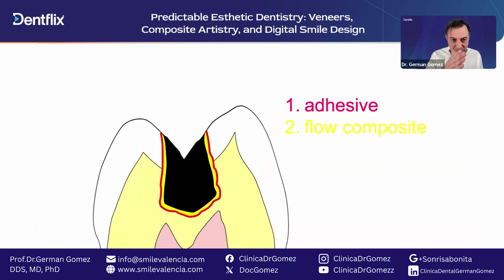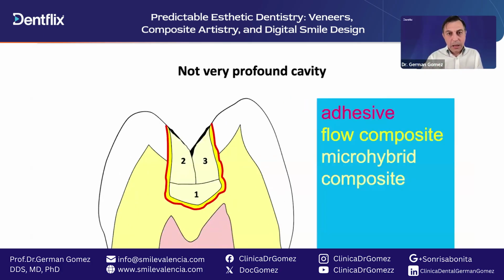We make a very, very, very fine layer of flow, not only in the lower part, but everywhere on the walls also. It's like a liner. Then in a not very profound cavity, we can proceed nearly the same way as in the interdental area.